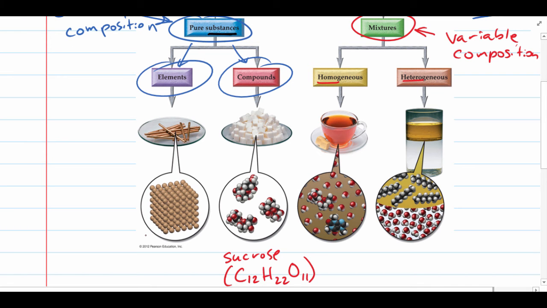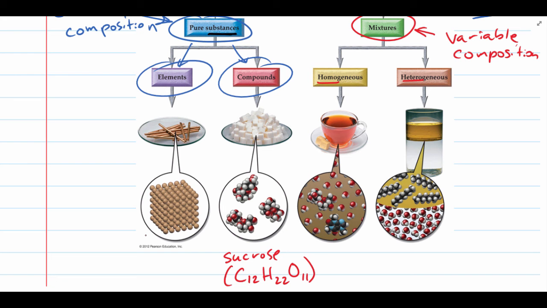If we go back to the end of class last Thursday, when I mixed the sugar and water together and stirred it, you would have looked at it and it would appear as if it was one substance. But it wasn't one substance, it was actually two: sugar and water.